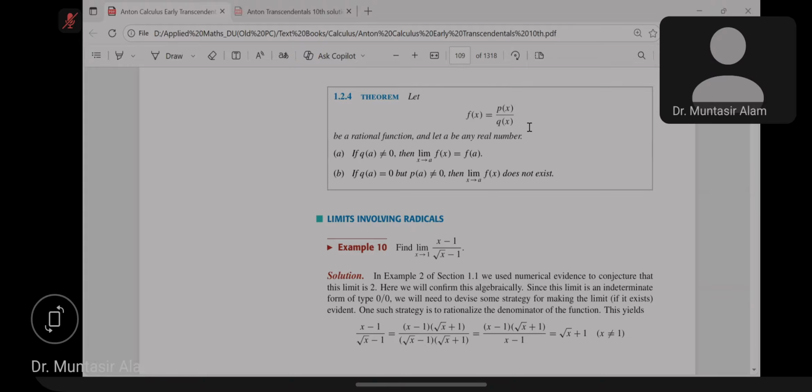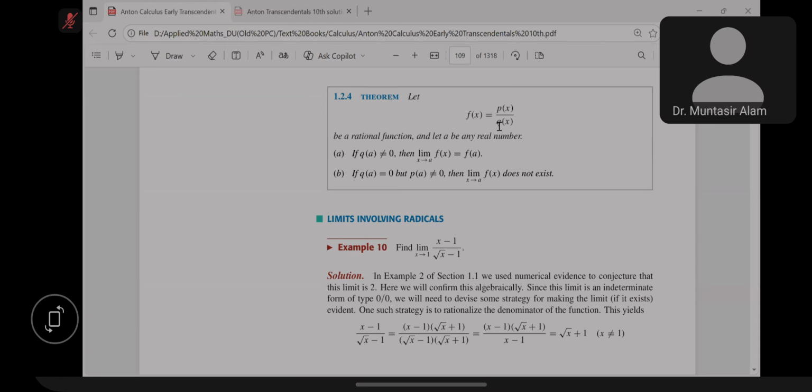That means while dealing with a rational function, every time you need to confirm that the denominator function should not be 0 at that particular point of x.